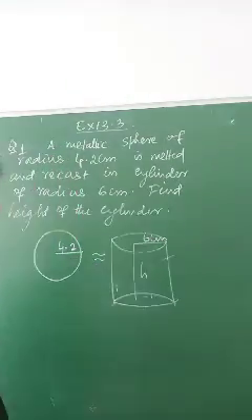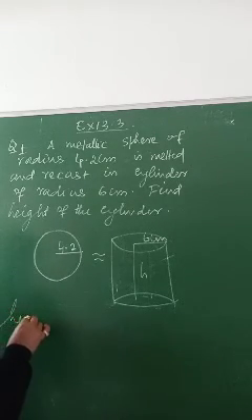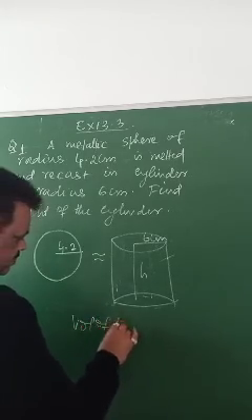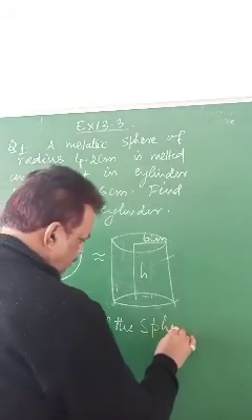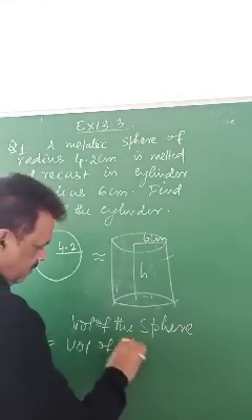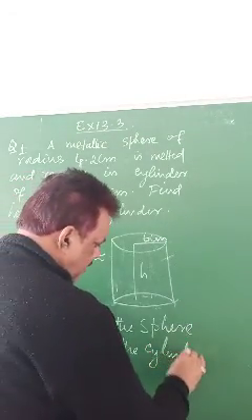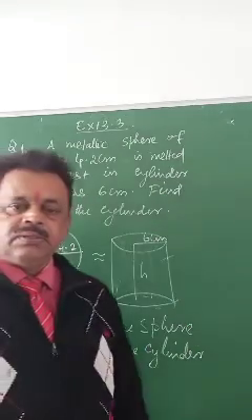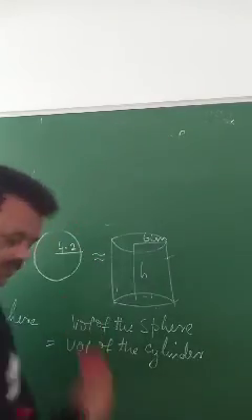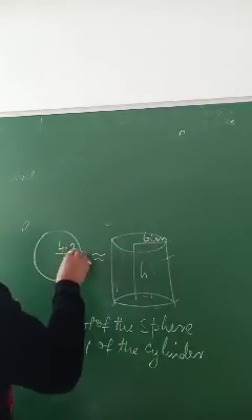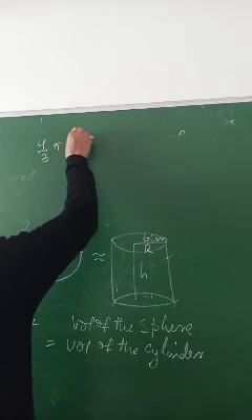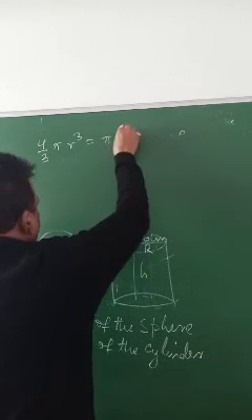So volume of the sphere equals volume of the cylinder. If you write this as small r, this as capital R: 4 by 3 pi r cube equals pi R square h.